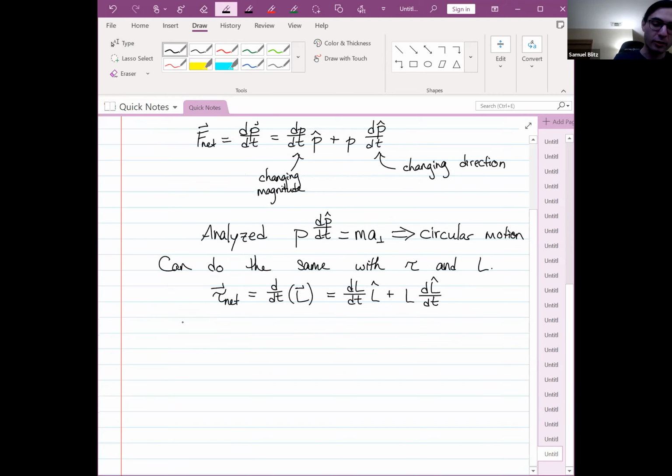And so in particular, if L, the magnitude, is held constant, but the direction is changing, the direction meaning the unit vector, we might similarly expect some sort of circular motion, just a different kind.